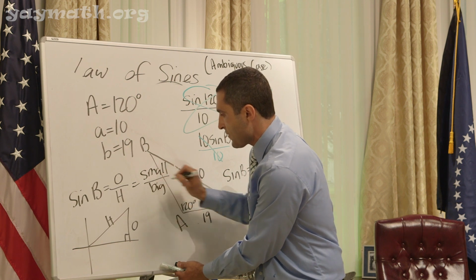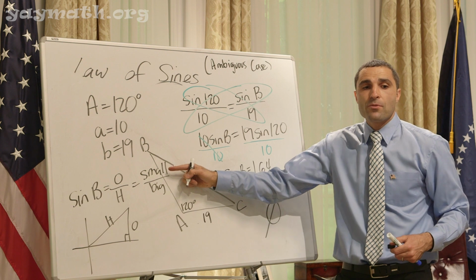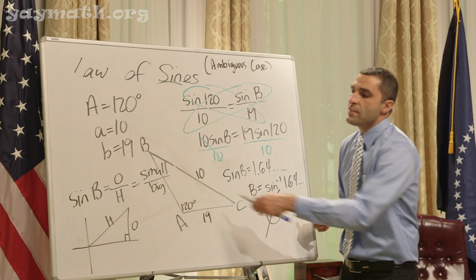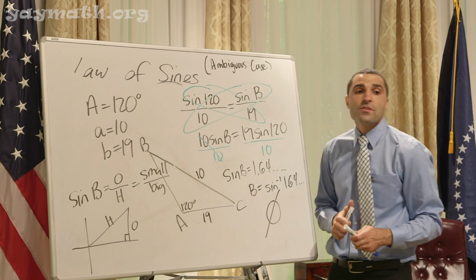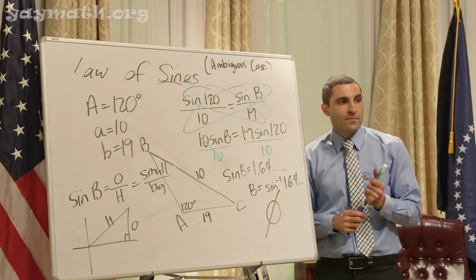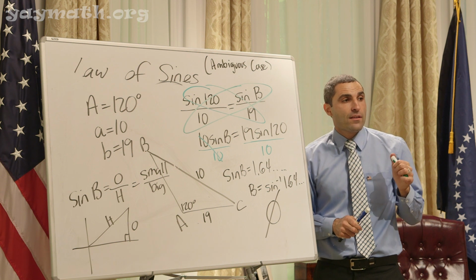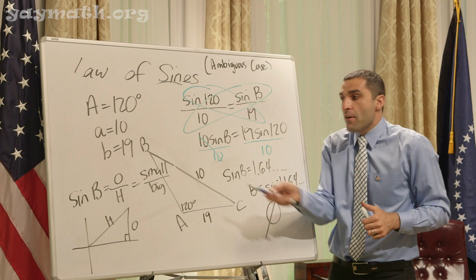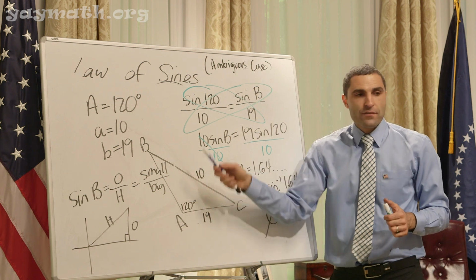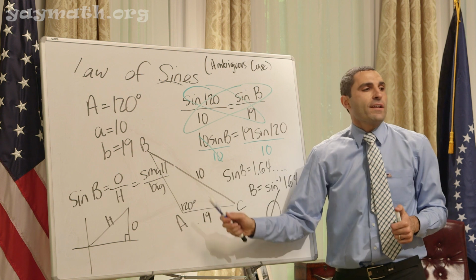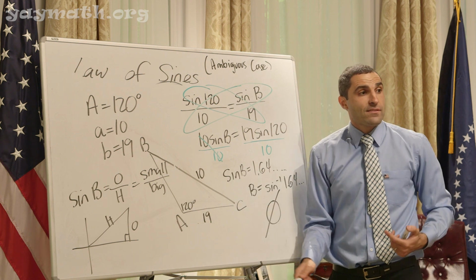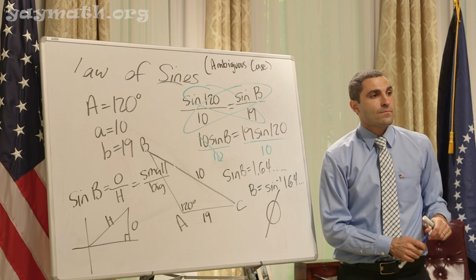If you have a small number over a big number, what can you tell me about this fraction? It'll always be less than 1. It'll be like 5 over 6, 9 over 10, 9 over 20. Always. Even 180 over 181.